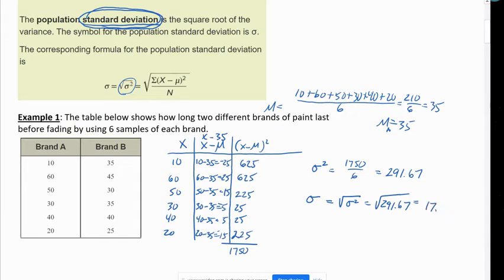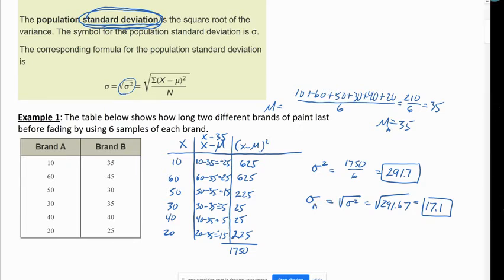We'll call it 17.1 because these data items don't have any decimal places, so for our statistics we should use one more decimal place beyond. So 0 decimal places, so now we use 1 decimal place for our answer. So this one should have been a 7 as well. So 291.7 and 17.1. Okay, so that is what I got for brand A.